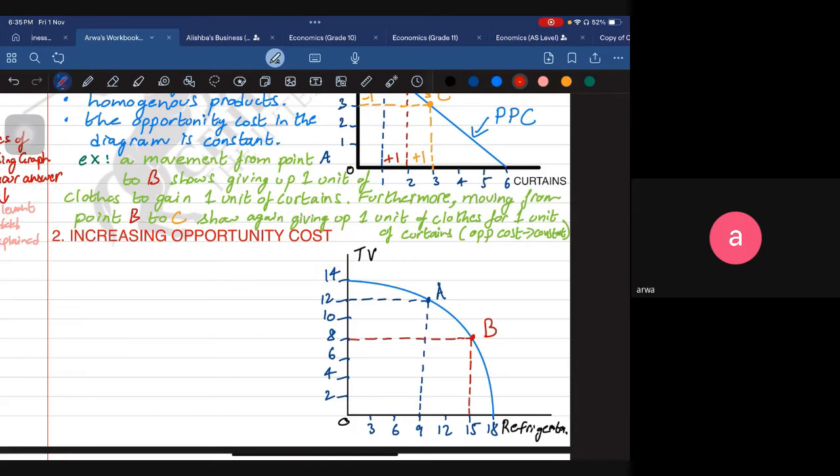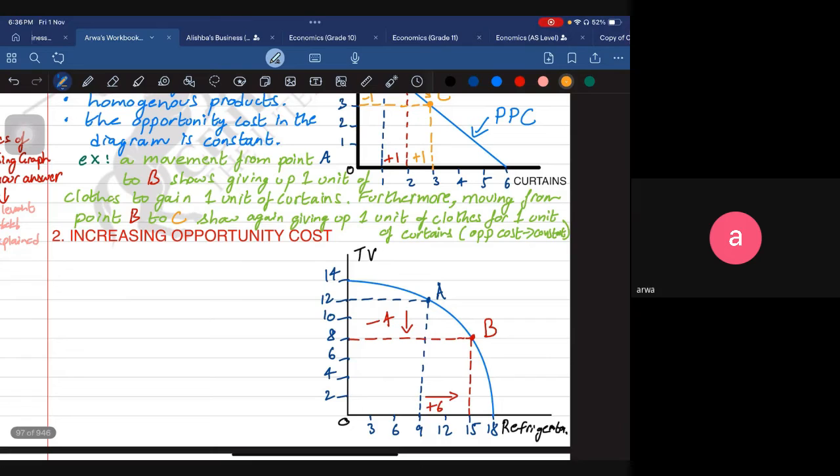So here we are giving up 4 units, right? And we are gaining how many? 9, 10, 11, 12, 13, 14, 15. 6 units of refrigerators. 6 units we are gaining.